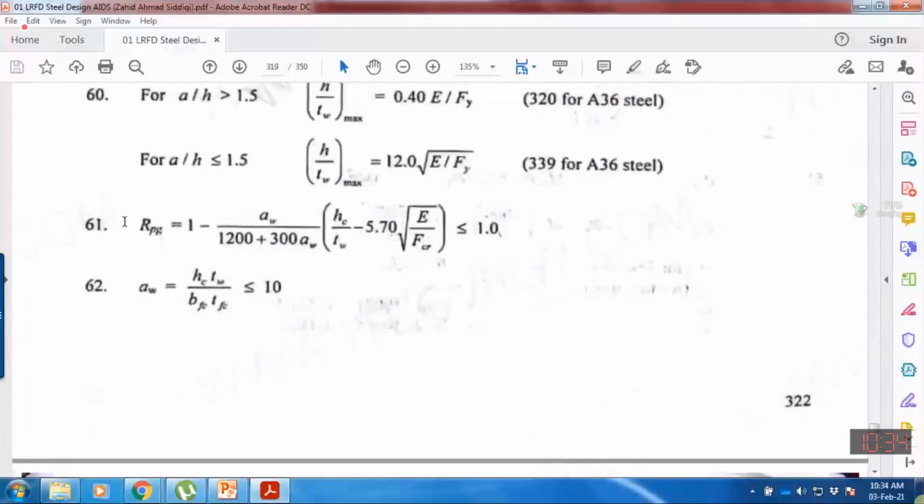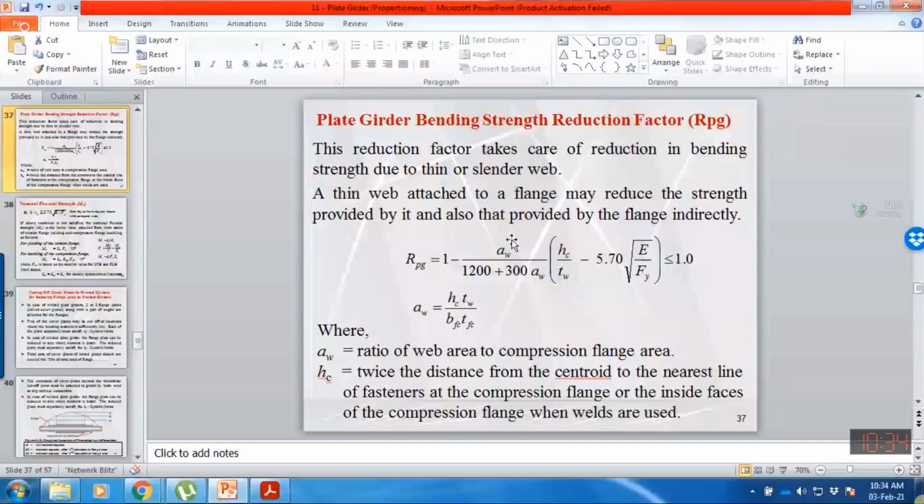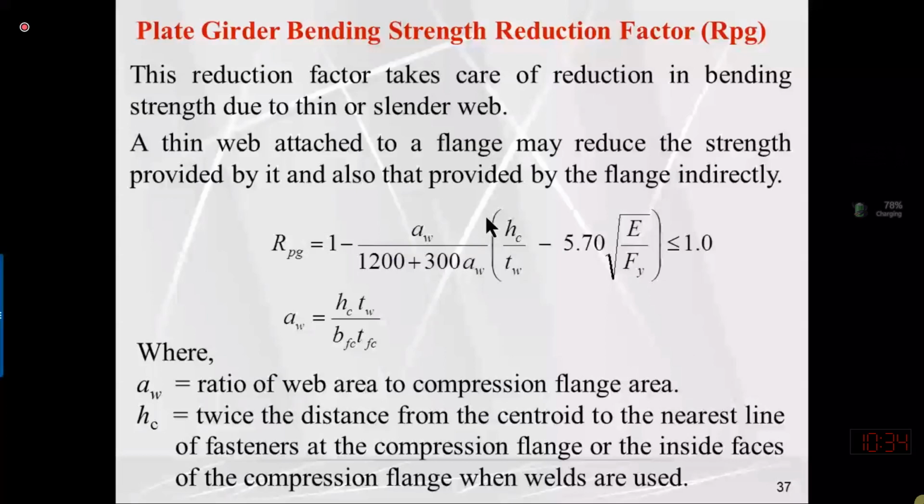So in this formula, we require the AW value, the HC value, which is the clear depth of the girder, the thickness of the web, and 2.7 times E over Fy.